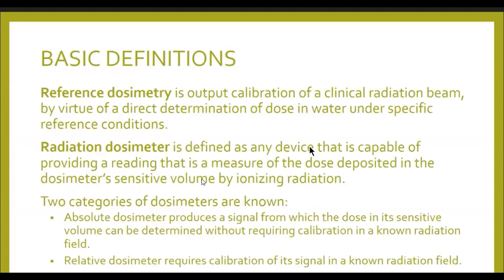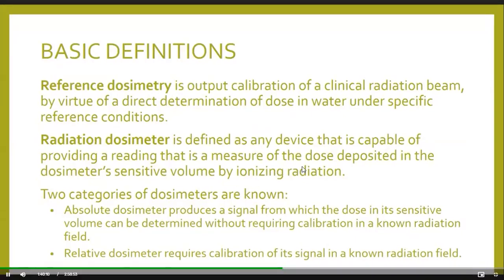Some basic definitions here on what we mean by reference dosimetry and radiation dosimeter. So reference dosimetry is basically the output calibration of a clinical radiation beam by virtue of a direct determination of dose in water under specific reference conditions.